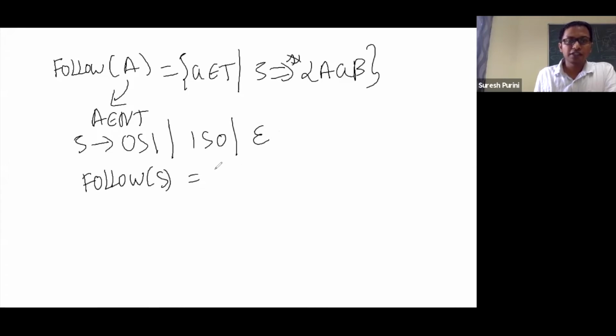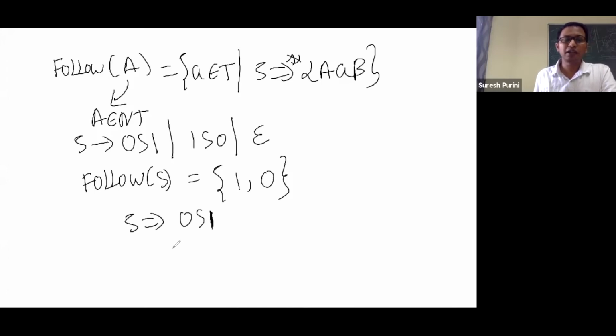We can see 1 is present in follow of S, and 0 is present in follow of S. That is why 1 is present in follow of S: there is a one-step derivation from S to 0 S 1, in which the terminal symbol 1 is immediately trailing the non-terminal symbol S. Similarly, there is another derivation in which the terminal symbol 0 is immediately trailing the non-terminal symbol S.